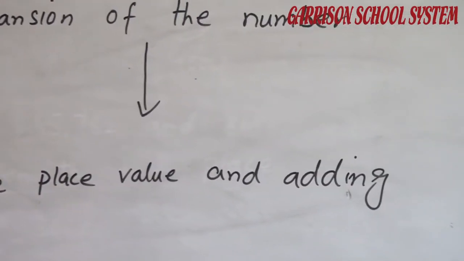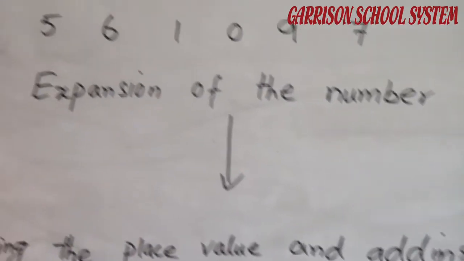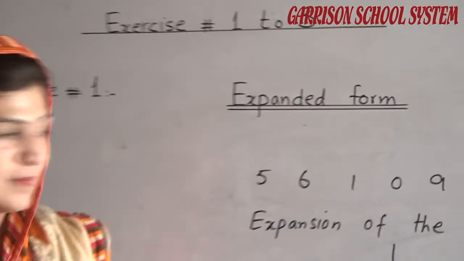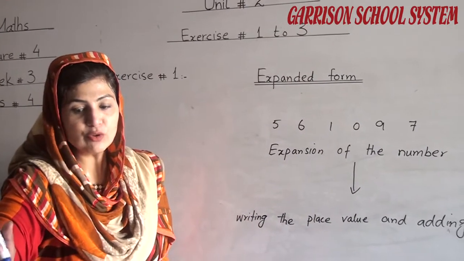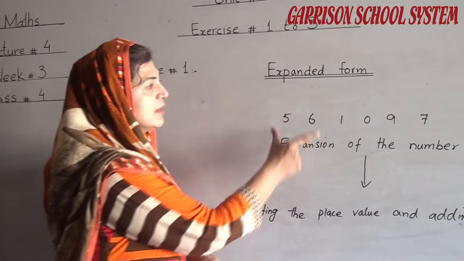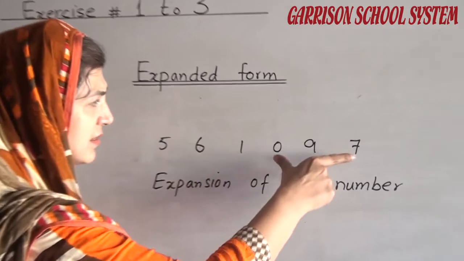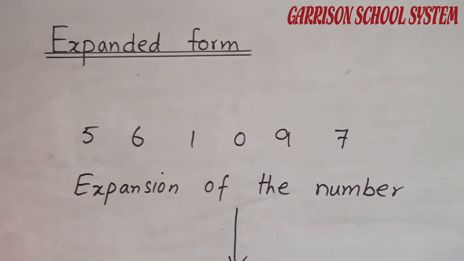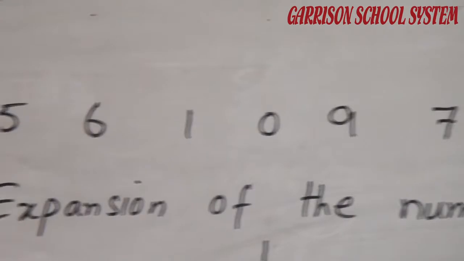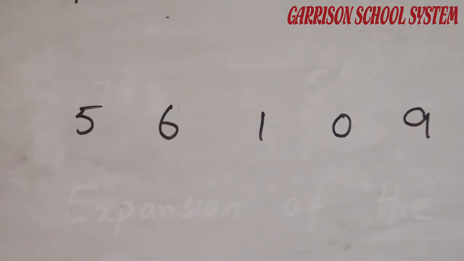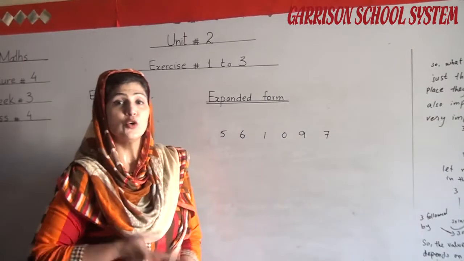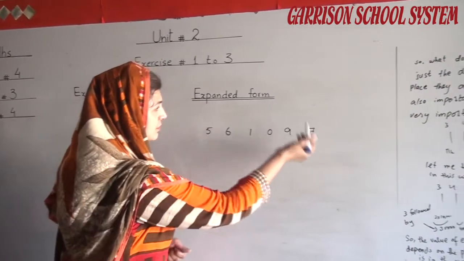So when I need to expand any number, first of all we need to write the place value of all the digits of the number. So let me start to write the place value. You already know about the place value.